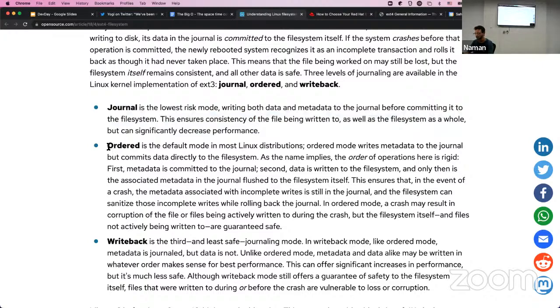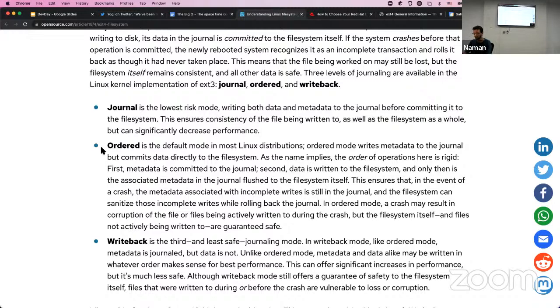And there's this other mode which is ordered, which is default in most Linux distributions, in which metadata is written to the journal, and then the real data is written to the disk. In the first one, both metadata as well as the data have to be written into the journal.